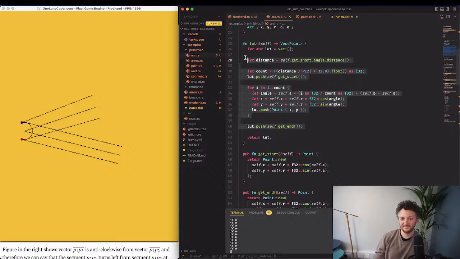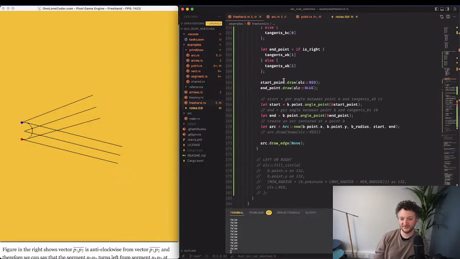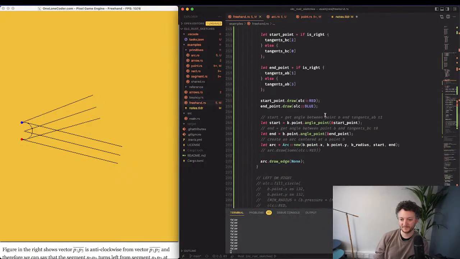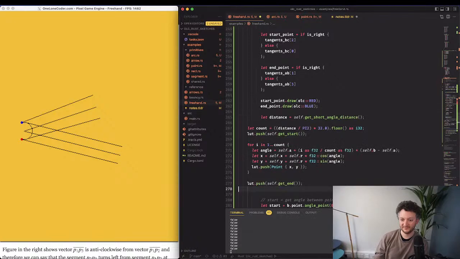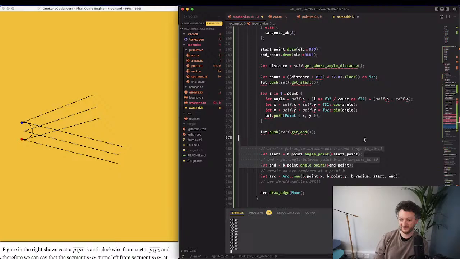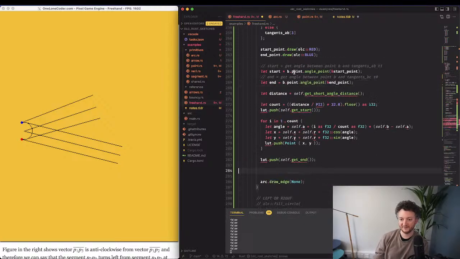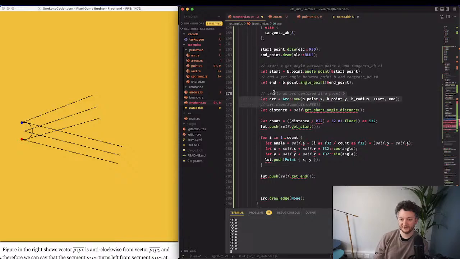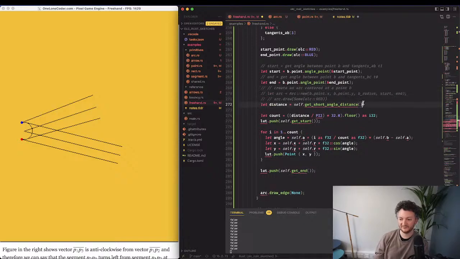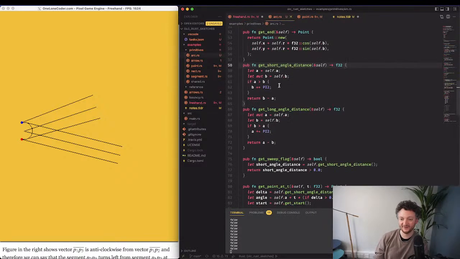Let's do this. Let's just jump right into where we're rendering this. And we'll say this. So we still want these two. But instead of doing an arc, we are just going to make a lookup table. We're just going to render them ourselves.